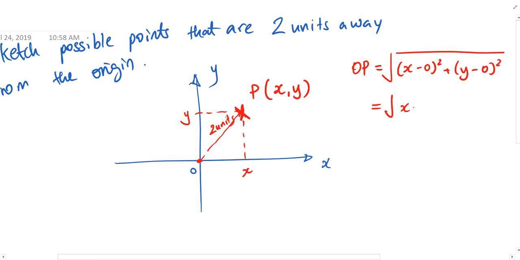So we get the square root of x squared plus y squared. This over here describes the point P.